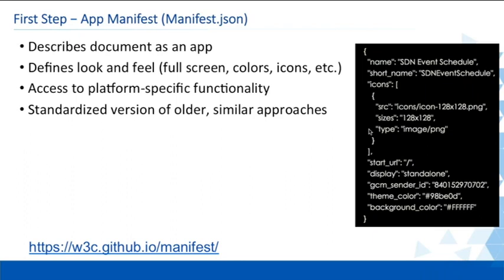Even in the past, there were cases where you could provide, in the HTML header, a manifest file which will allow the user to add icons, so that whenever they add to the home screen, that's always there. But now, instead of putting this in the head section of the HTML, you create a separate file which is manifest.json, which has everything. So if you see the bottom link, the W3C GitHub manifest page shows the complete standard and what all information can go in here.